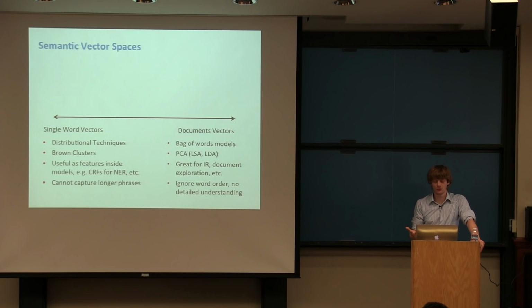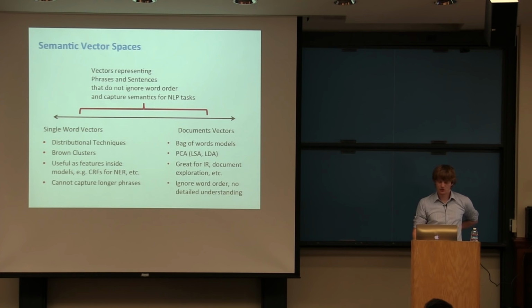But of course they ignore the word order, and so we can't really get to a detailed understanding inside our representation. And so today we'll look at another technique for finding vectors that really represent phrases and sentences without ignoring word order, and actually trying to capture both the syntactic structure as well as the semantic information of those phrases.